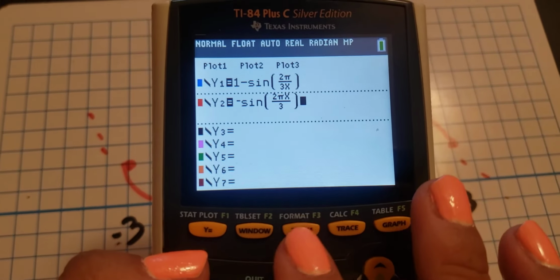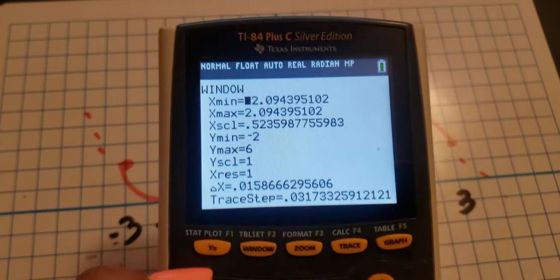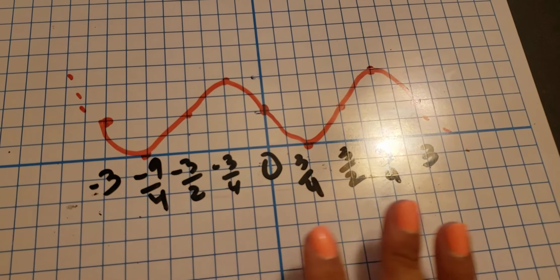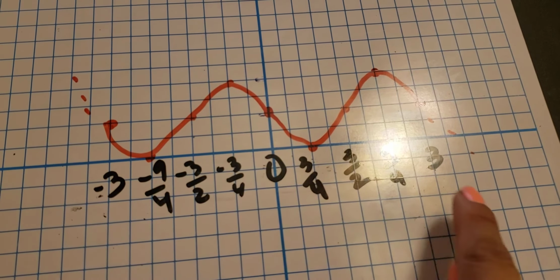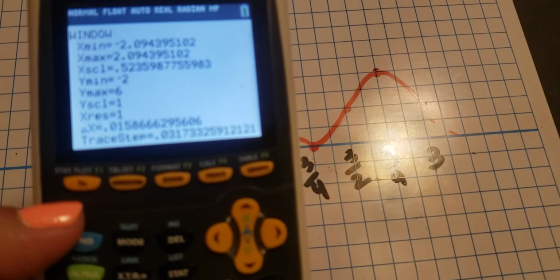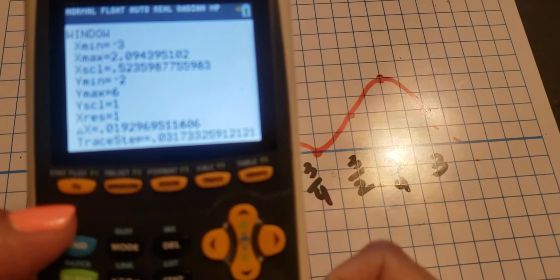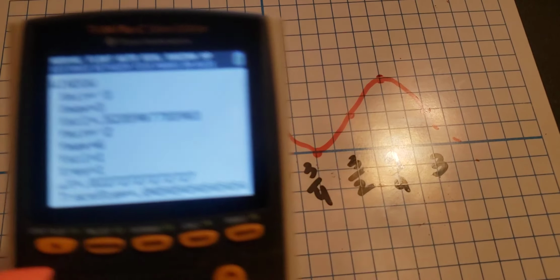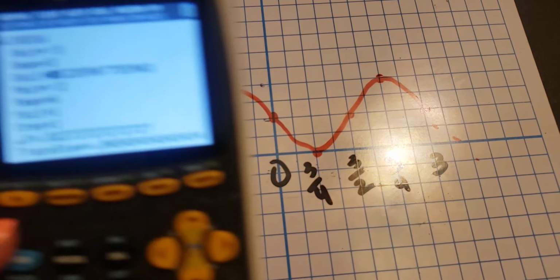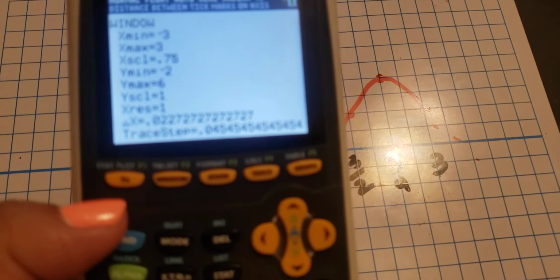So now let me go to window. I'm going to go with our values. Our x is going to be at -3 and it'll end at 3. So our x minimum, our x max. And then our scale, we went by 3/4, so I'm just going to put 0.75.